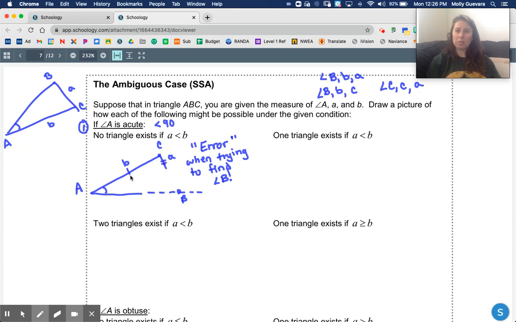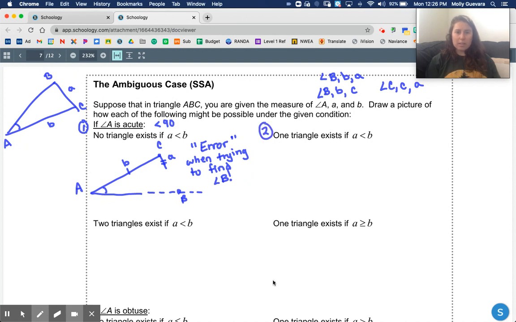A is smaller than B. A will not reach vertex B. So there's no triangle I can make here with this information. And so when you're solving for B and you get error, it just means that there is no triangle that exists.